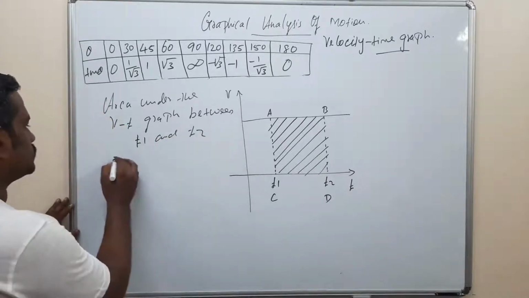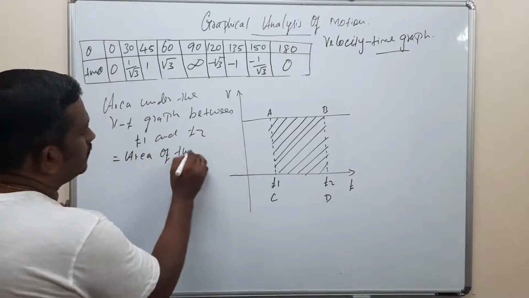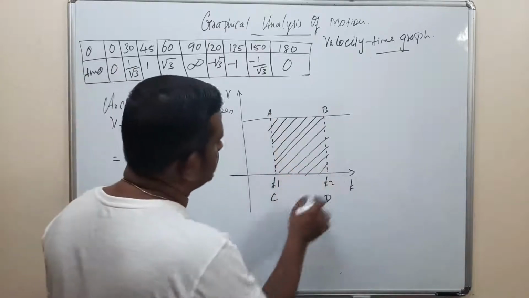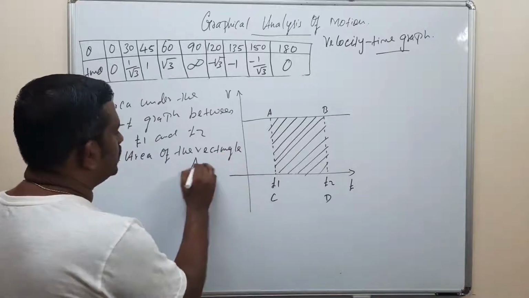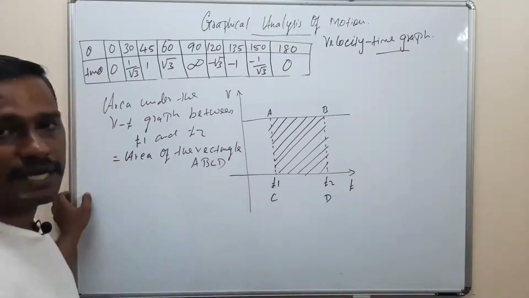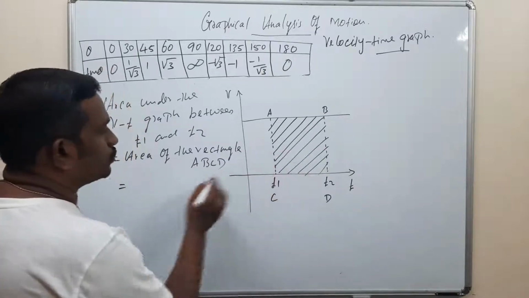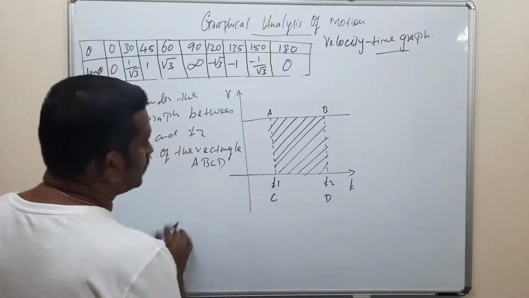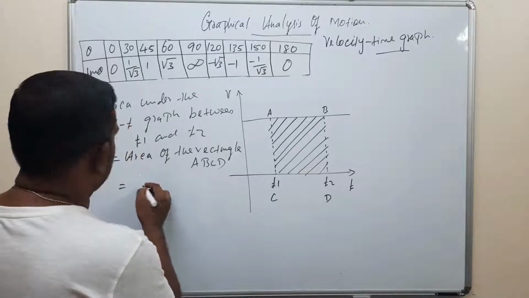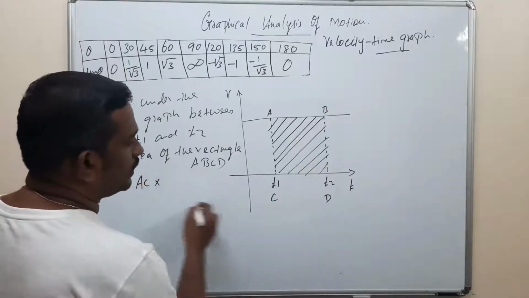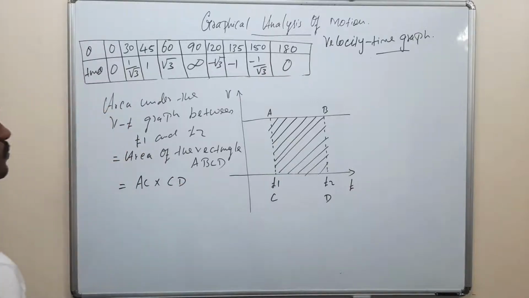That is nothing but the area of the rectangle ABCD. Area of the rectangle is length into breadth, that is AC into CD.